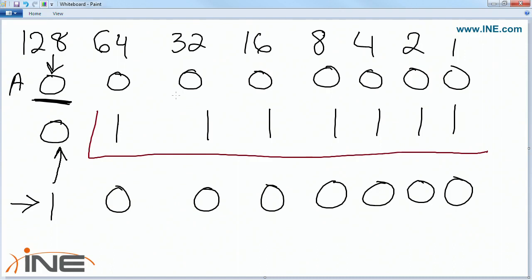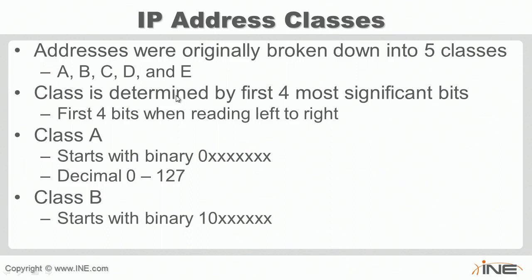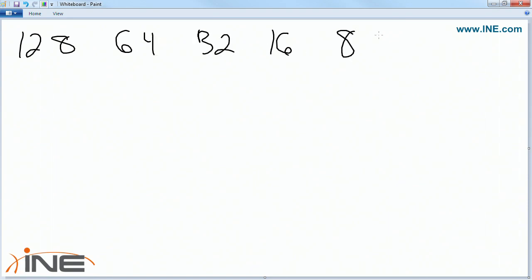So the range for class A is then going to go from 0 to 127. Where the class B addresses are going to start with binary 10, it means that they're going to have a decimal range somewhere from 128 to 191. So likewise, if we were to look at that in binary, we have the 128, 64, 32, 16, 8, 4, 2, and 1.